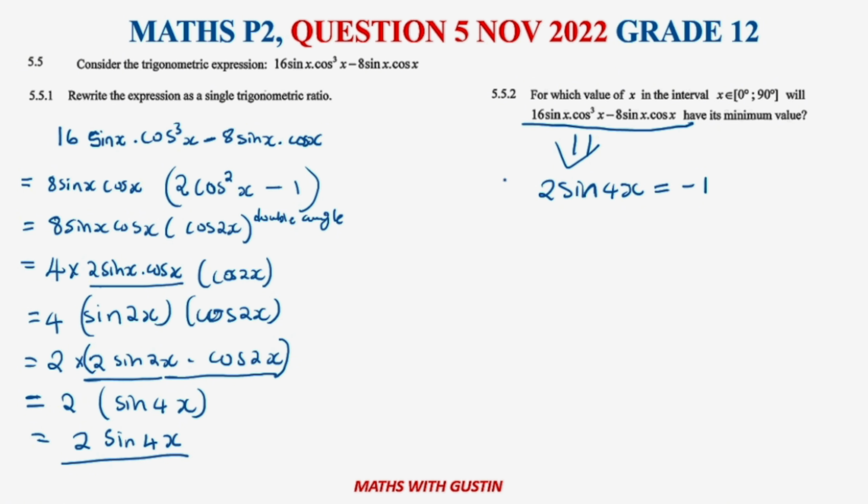So we need to come here and solve for x. We are going to divide by 2 on both sides. Sine 4x is equal to negative 0.5, which is a half.